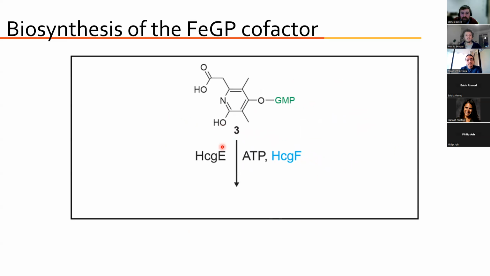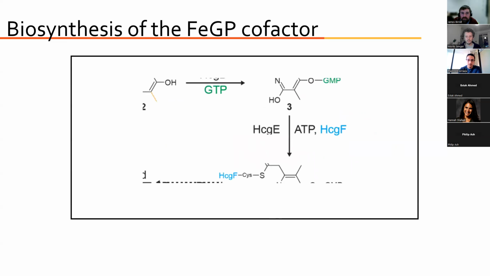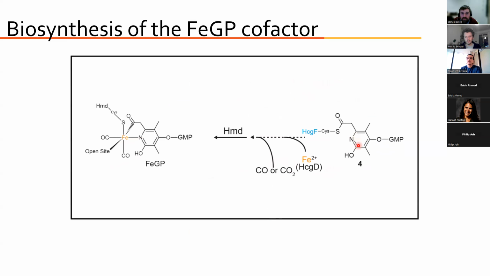Then this is activated by HcgE in an ATP-dependent fashion at the carboxyl ligand, and then it's bound to HcgF, which is a proposed scaffold for the organic part of the cofactor. From here on, we're not entirely sure how the iron center is formed or where the carbon monoxide ligands come from.